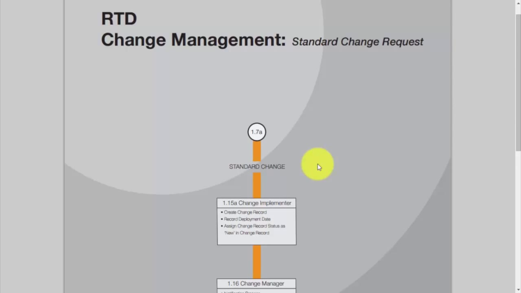Let's take a brief overview look at the individual steps that are required for a standard change request. If you recall, a standard change is a change to a service or the infrastructure for which the approach has been pre-authorized by the change advisory board.